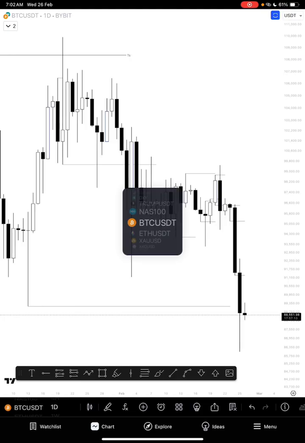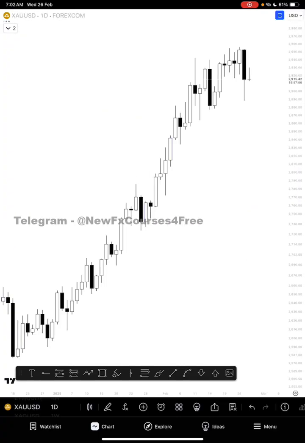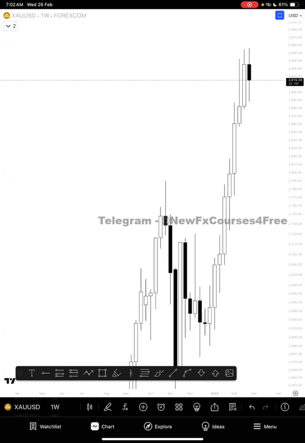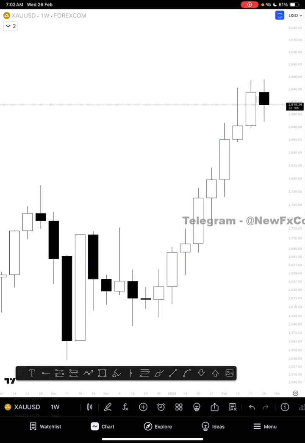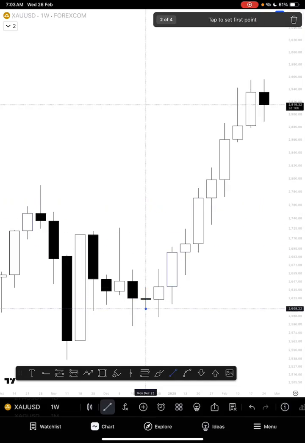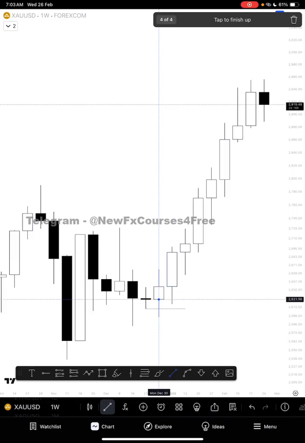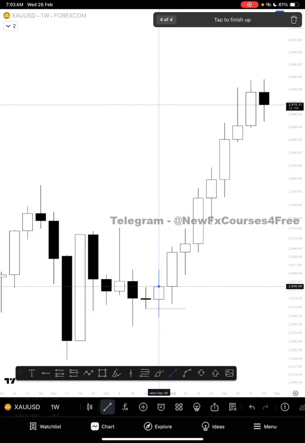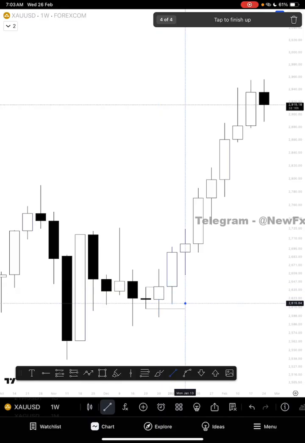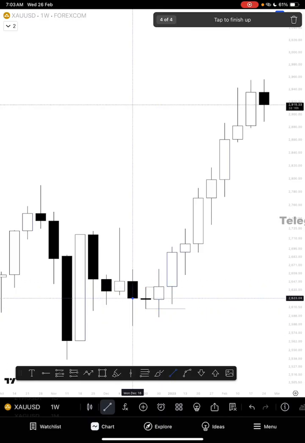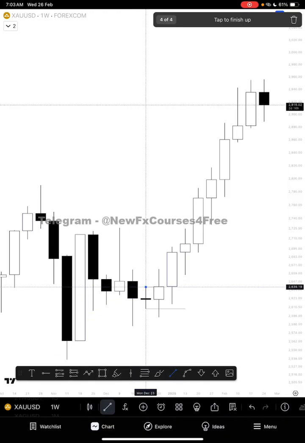So here, let me go to gold, weekly time frame. So here, let me start from this lowest low. So here, close week below, close above, higher prices. So this move was actually returning to this rejection block, which was actually used as a key level.